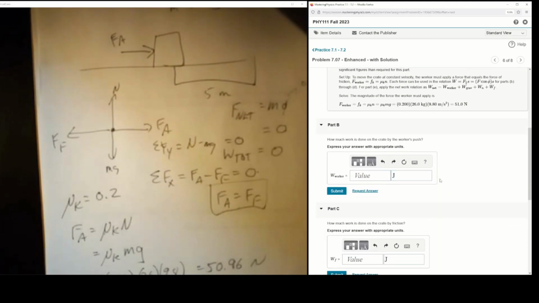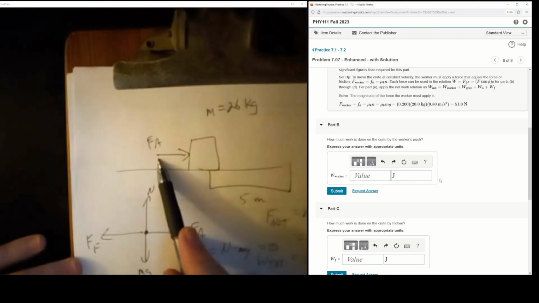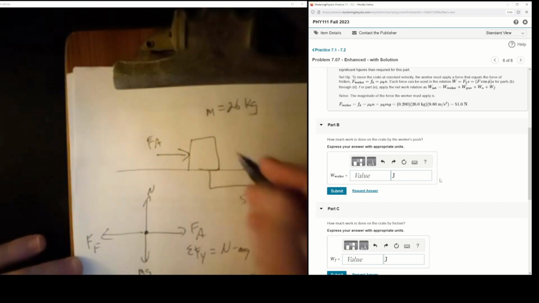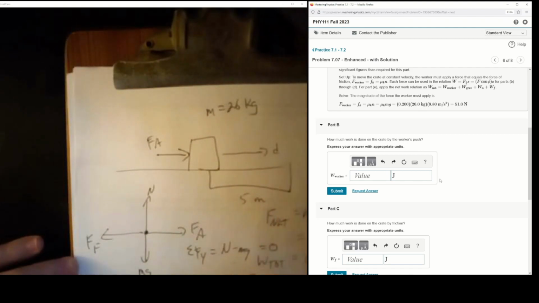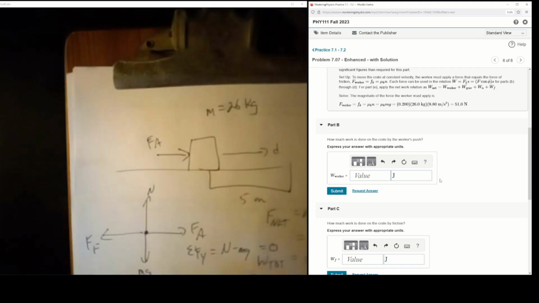So how about part B? How much work is done on the crate by the worker's push? So now they're asking for work. How much work is being done by just the worker pushing it? So if we look back, here's the worker pushing it. They're pushing it in the same direction as our displacement. So when we connect these vectors tail to tail, the angle between them will be 0, and cosine 0 is 1.